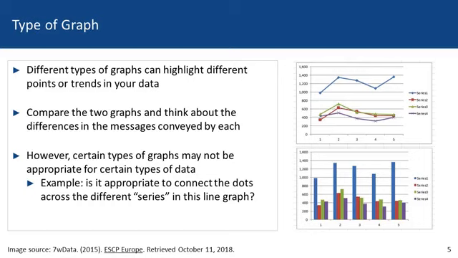If these depictions of 1, 2, 3, 4, and 5 are different points in time, it may be very appropriate to connect these dots and show that as a trend. However, if they represent discrete things, such as, say, types of cars, it may not be appropriate to connect the dots because the space in between the two depictions has no meaning.